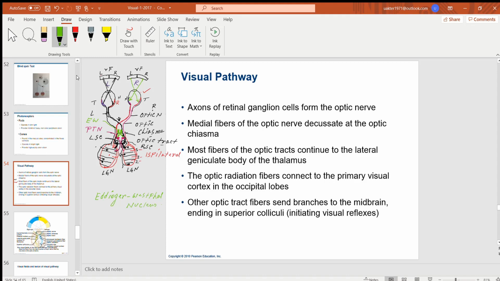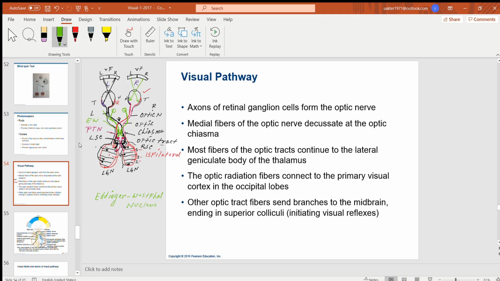Okay, so now what happens, the Edinger-Westphal nucleus, you see here, sends signal to, let me draw this way, the ciliary ganglion. So the Edinger-Westphal nucleus sends signal via these parasympathetic fibers to the ciliary ganglion.